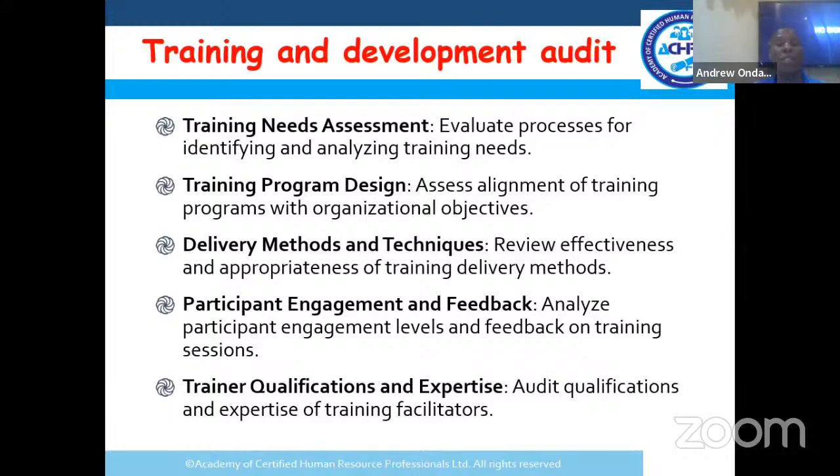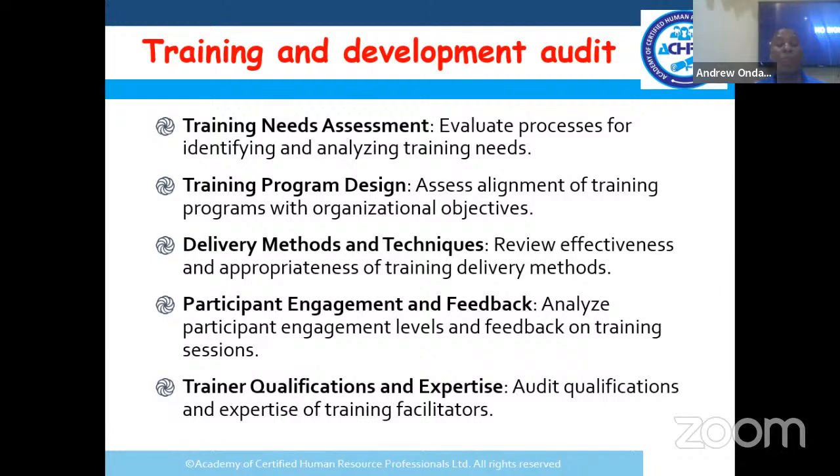And then the trainer qualification is another point which you need to audit. Why? Because the trainers can mess your employees big time. Whether it's on-the-job training or off-the-job, the trainers must have the right qualifications. And here we are talking about, one, the clients they have served, if it's a consultant.